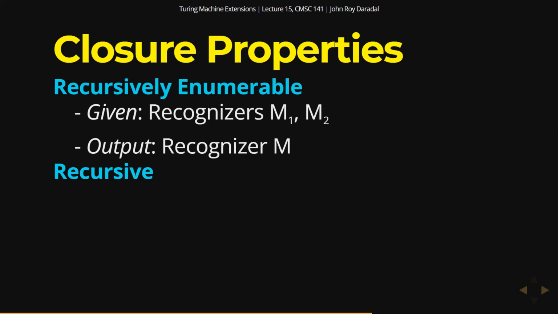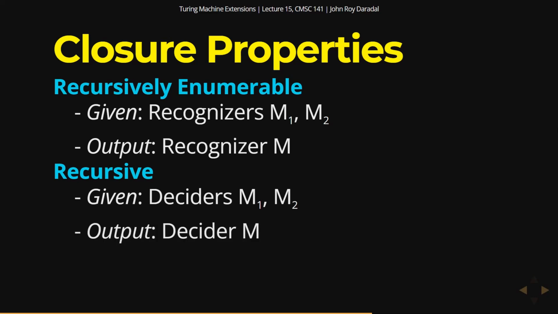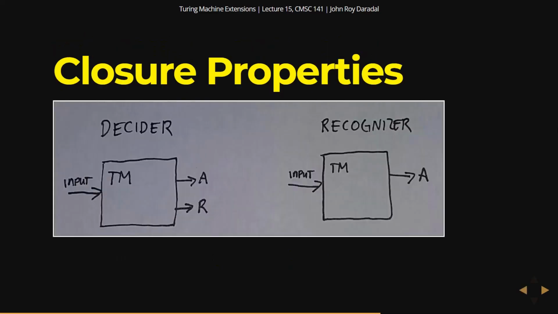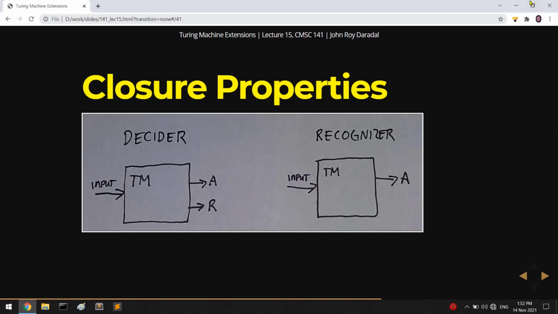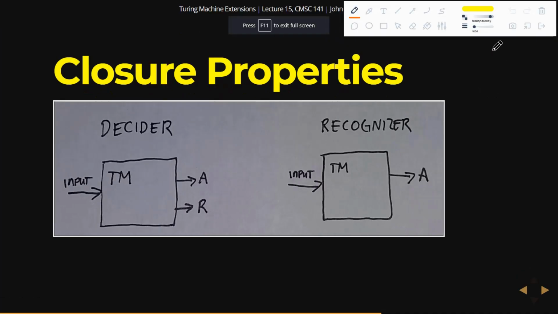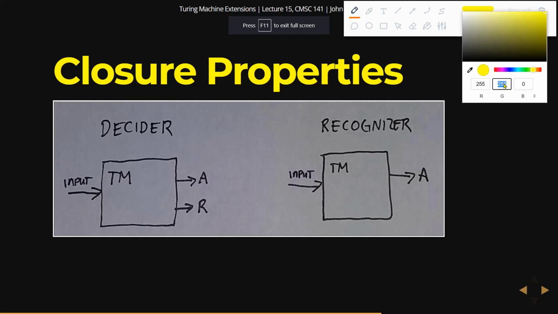Whereas for recursive languages, we'll have deciders M1 and M2, and the output will also be a decider. Deciders, remember, are guaranteed to halt, whereas recognizers are not guaranteed to halt. This is how the deciders and recognizers would look.